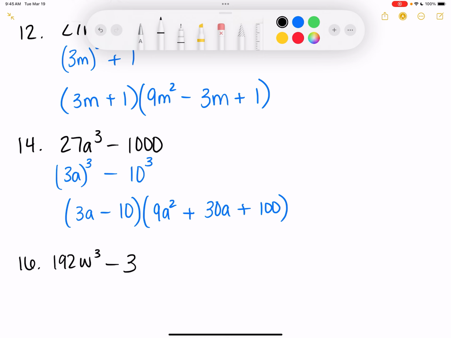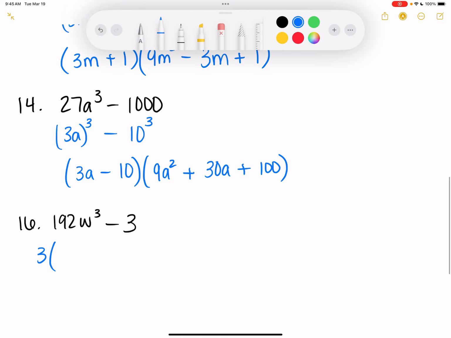So I'm going to factor a 3 out. So I'm going to have 3 times, what is this, 64? Yeah. 64w cubed minus 1. Now, is this a difference of cubes? Okay. What is 64 like?